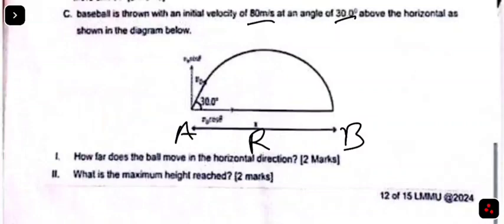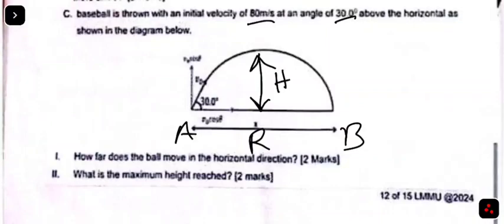Then the second question is asking us, what is the maximum height? So the maximum height is basically the vertical distance the ball attains. Okay, so this is our maximum height, which is the h max.